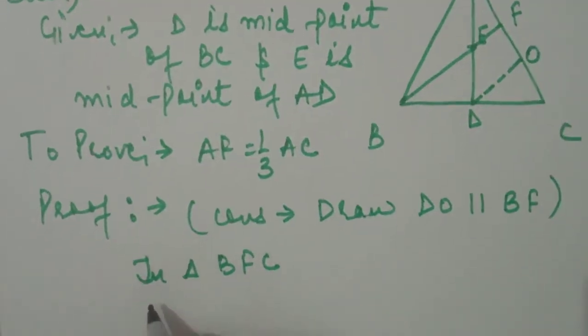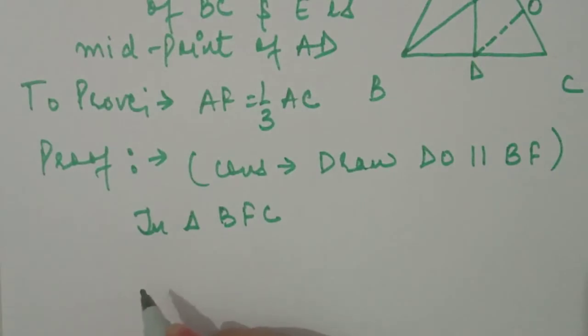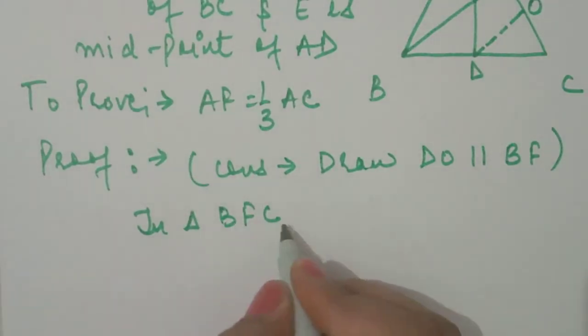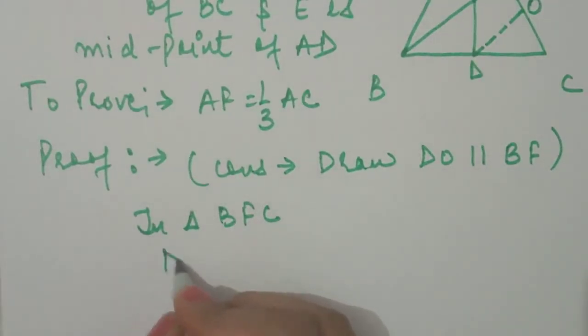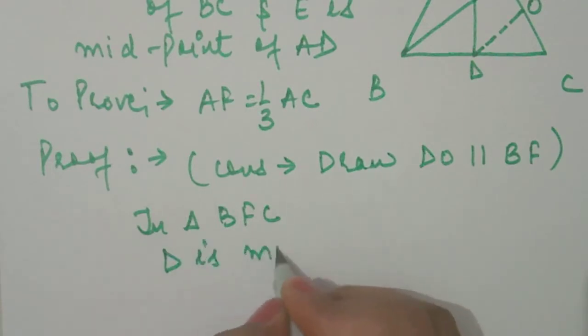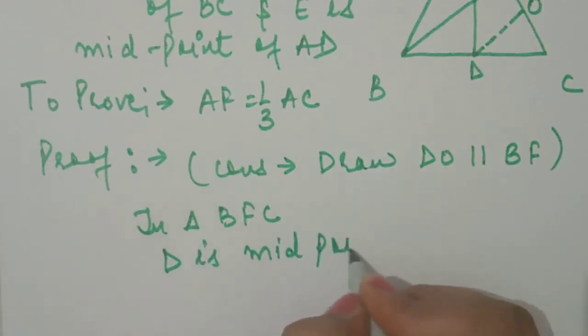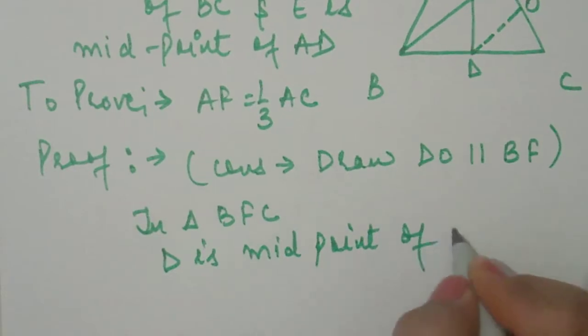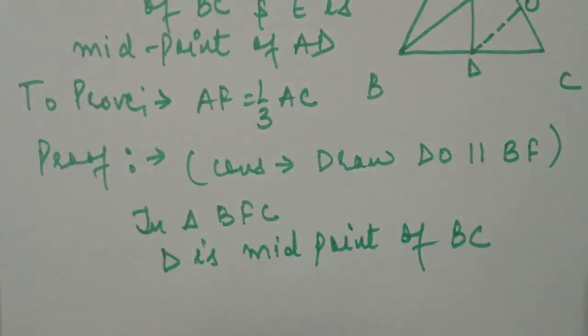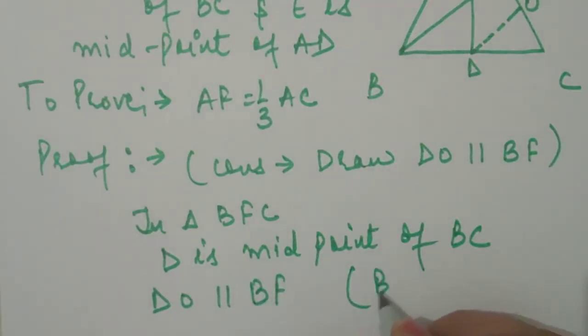So how will we write? In triangle BFC, D is the midpoint of BC, it is already given, and DO is parallel to BF by construction.